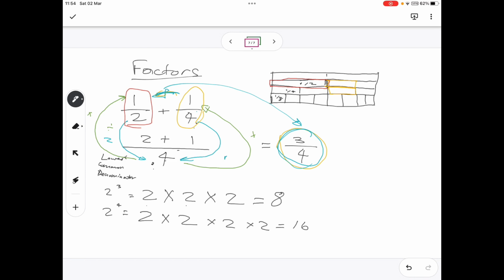It's 8. Then when you do the same math, starting with 2, then multiplying it by another 2, then by another 2, and then by another 2, how much does that give you?